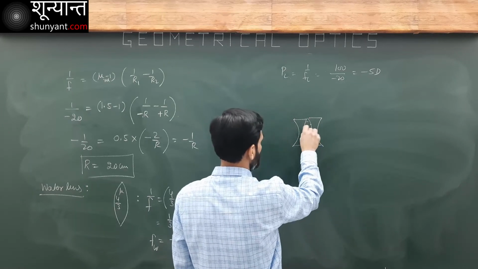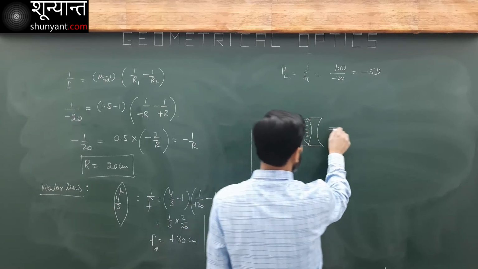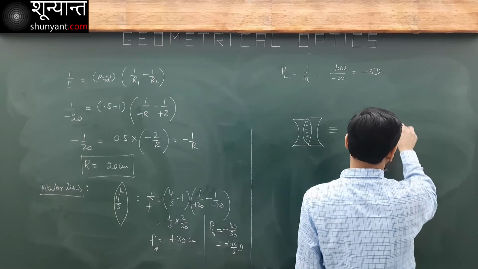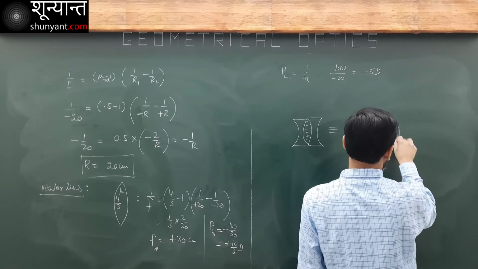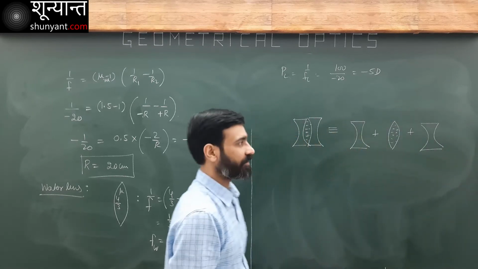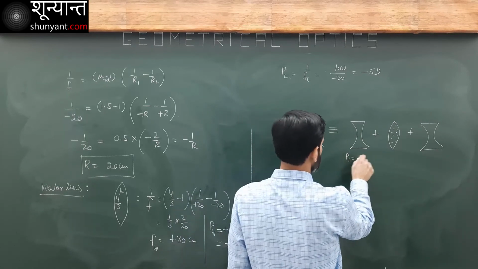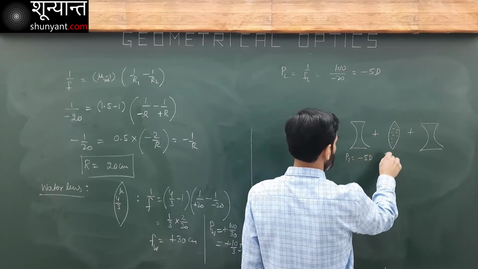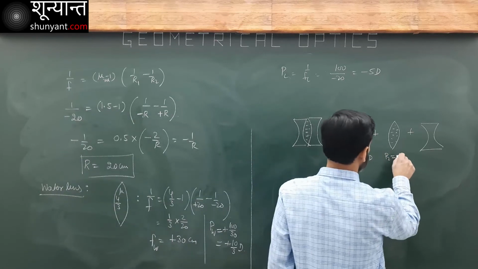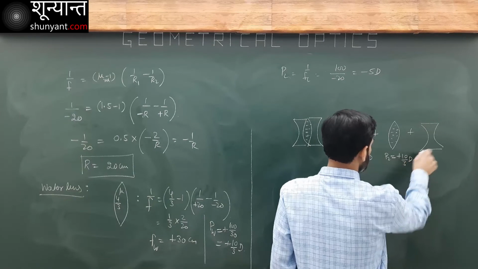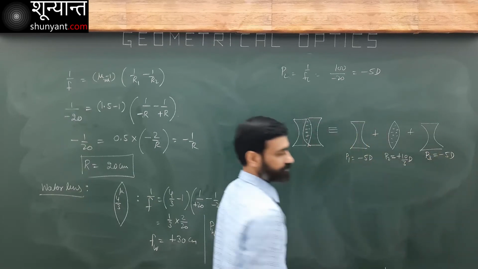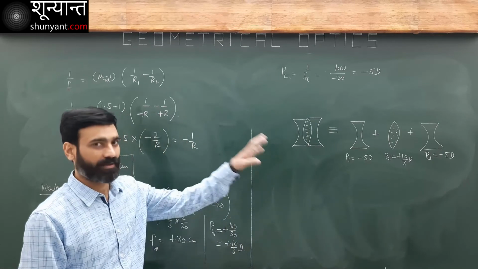This is my water lens in between. What are the powers? This P1 is minus 5 diopter. This P2 is plus 10 by 3 diopter. And this power here, P3, is again minus 5 diopter, for the 20 centimeter lens.